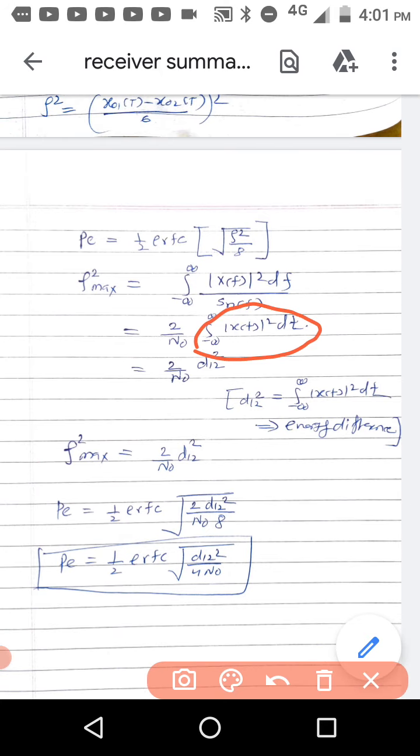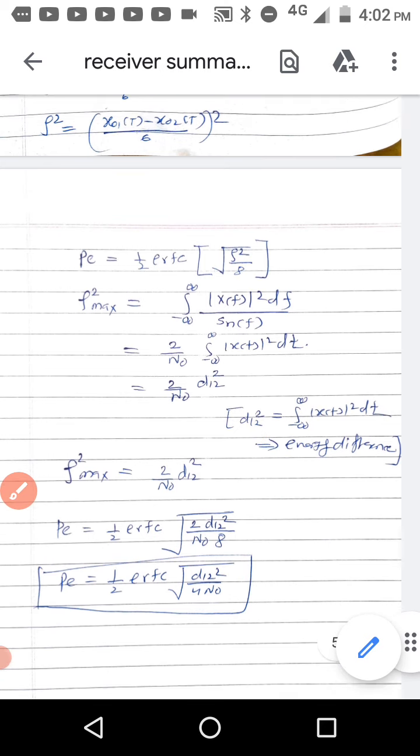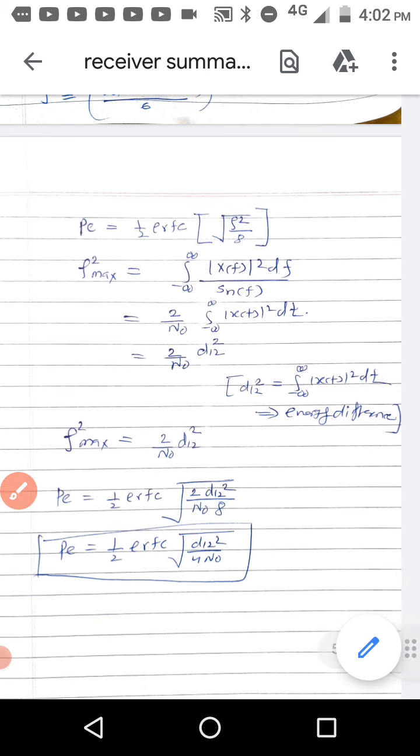So rho square max is equal to 2 by N0 times d12 square. So put this value of rho square, you will get this equation. So finally you have to remember this. This is Euclidean distance, you will find from constellation diagram. N0 is given in the problem. So you can find it, and this is helpful to find the probability of error for different digital modulation schemes.